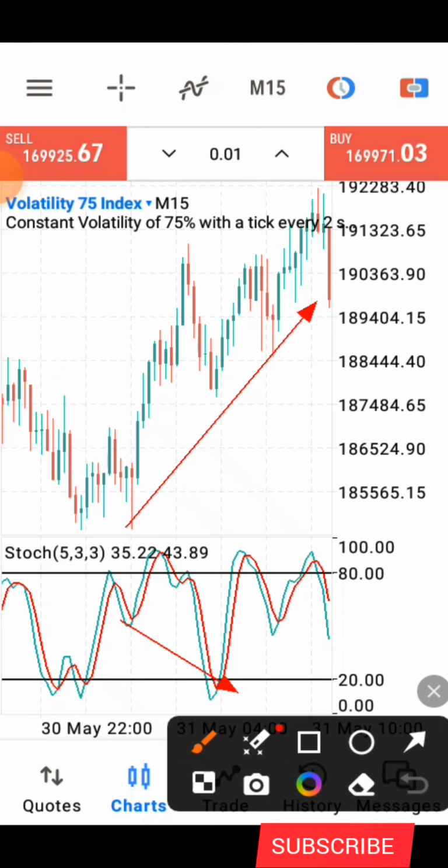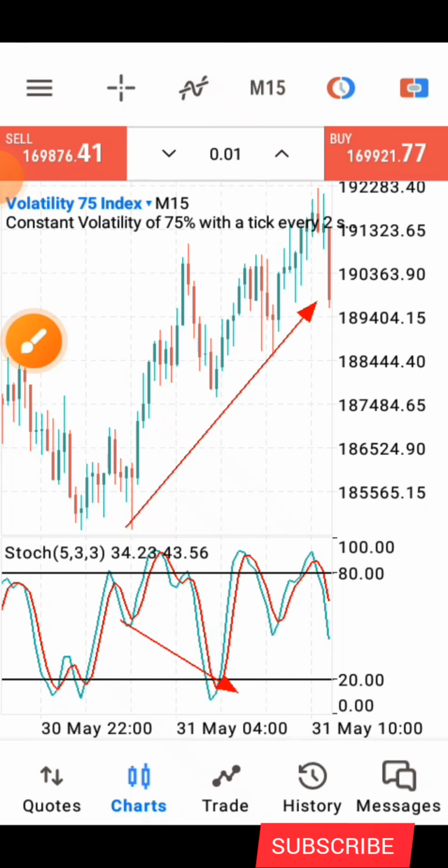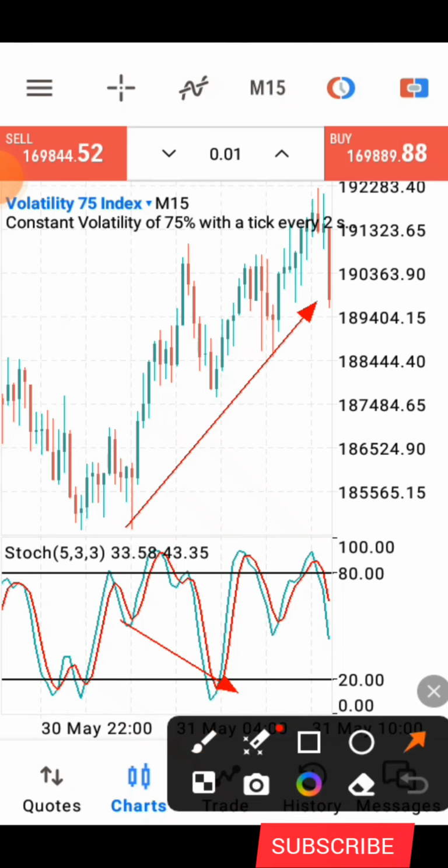So now immediately it gets to this area, you see that the two are in disagreement, you wait for this to get to the 20 level. All right, now you see that on the main chart price is making higher highs, right? Let me use this too.